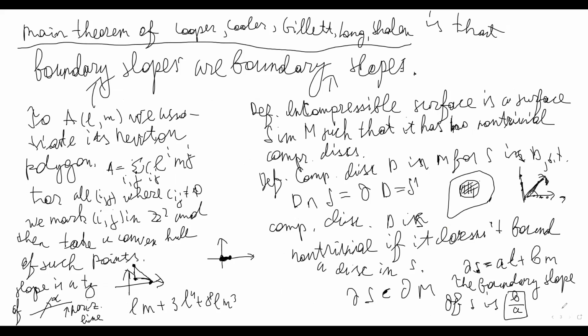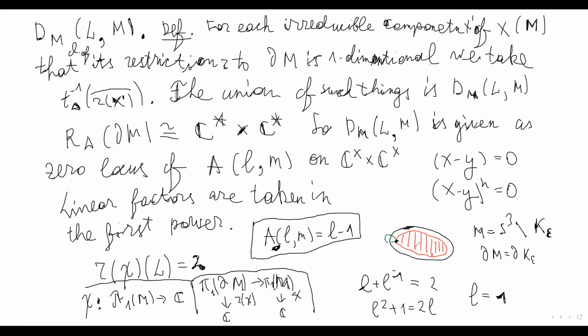Then what incompressible surface do we have? The disk for which L is the boundary is an incompressible surface. You can see it because any compression disk is trivial, it will bound a disk, our red curve.